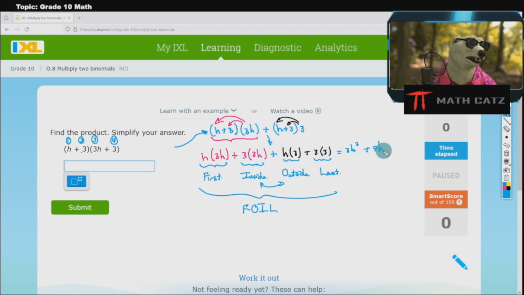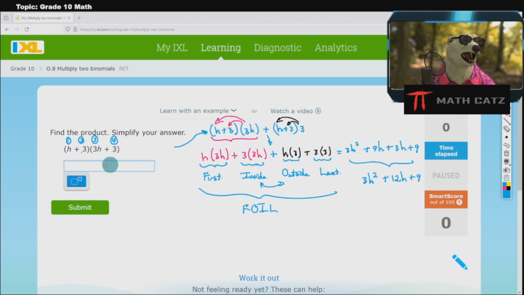I am potentially running out of space, but that's not a problem. From this inside one, I have a 3h, from the outside ones, and squeeze it in, a 9 from the last ones. I'm just going to put it over here, because these are like terms. I can put them together for a 3h squared plus 12h plus 9. 9 h's there, 3 h's there, 12 h's.